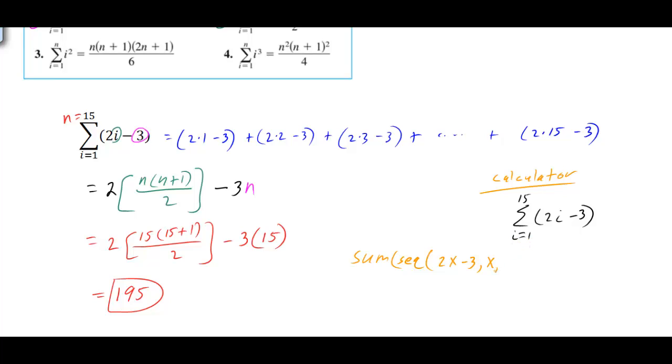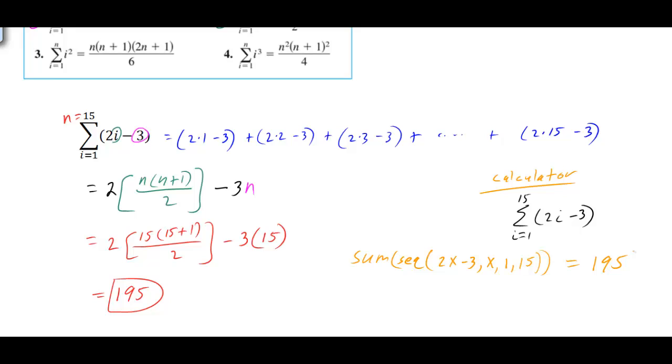And then you would type comma, and then you're going to type in your lower limit, which is 1, comma, upper limit, which is 15, and then you're going to close your parentheses for the sequence and close the parentheses for the sum, and at that point you can hit enter, and this would be equal to 195.